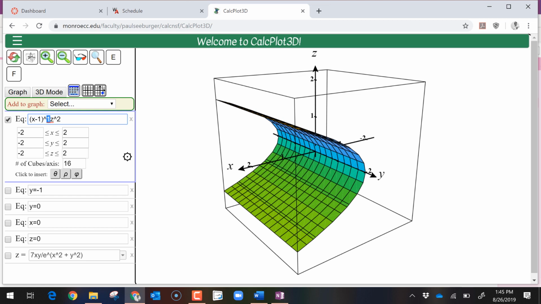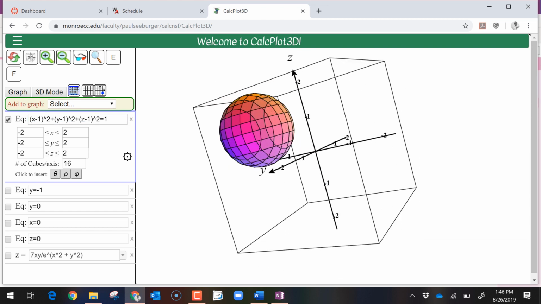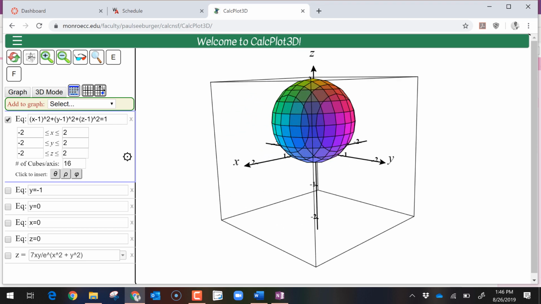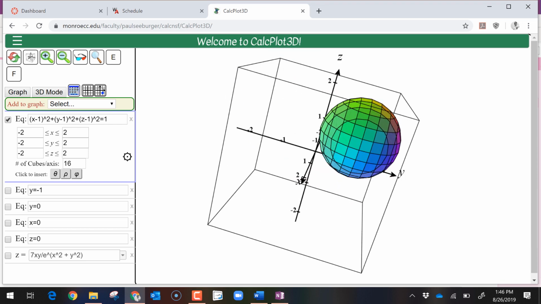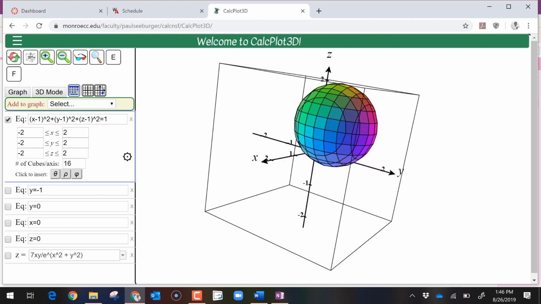So I have x minus 1 quantity squared plus y minus 1 quantity squared plus z minus 1 quantity squared is equal to, let's put a radius of 1 there. And now we have a sphere centered at 1, 1, 1 with radius 1. Okay?